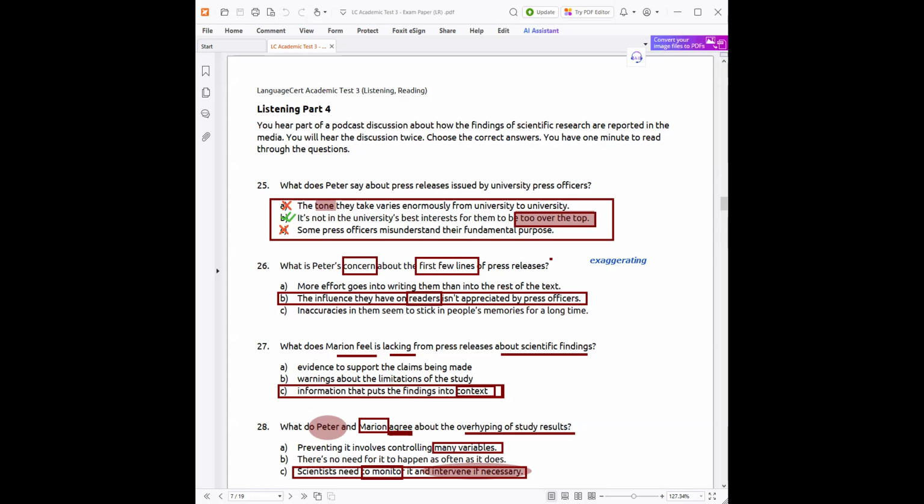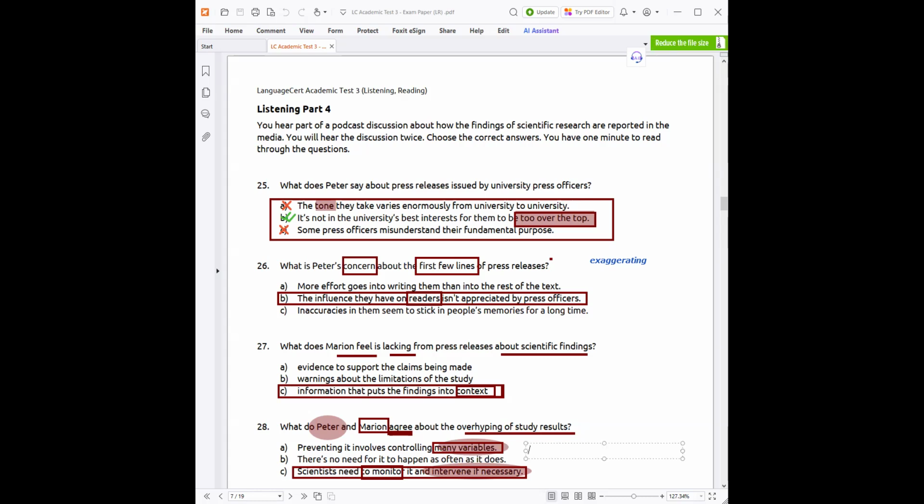Right? Now, what are they talking about? Now Marion says that there are not only these people involved, but there's another entity coming into it. That is, the journalists. And they also have to play their role. So preventing it involves controlling many variables. And what are all those variables they have mentioned?